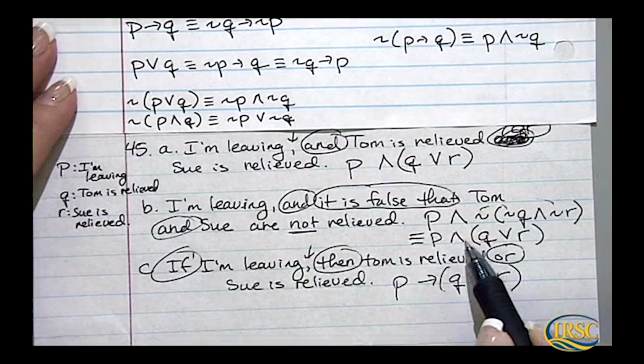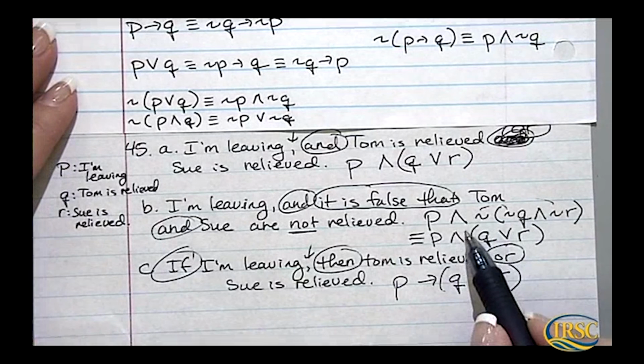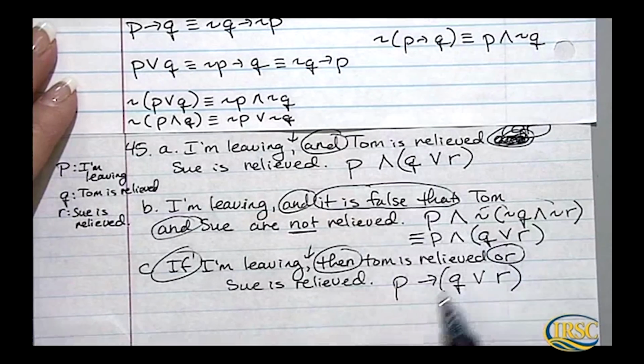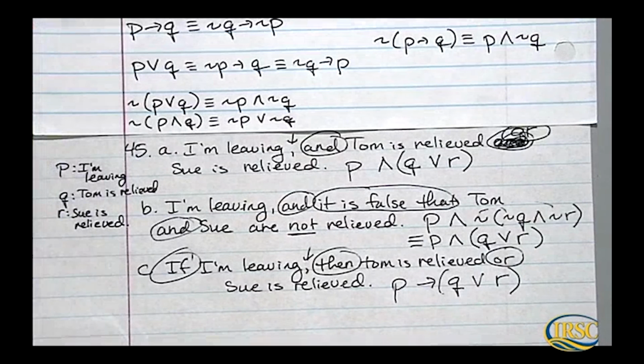And notice I've got an and statement is what I'm looking at for both of them. The if-then only changes to an and statement if I have a negation outside of it. Okay, so I can't do that. I could do contrapositive, but that's still going to leave it as an if-then statement.